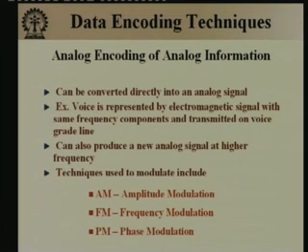Sometimes that is not very practical. So, we usually convert this to an analog signal, maybe at a higher frequency, and the most common example of this is the radio. For example, say radio is carrying voice or maybe some sound. Now, the voice, as you know, is only 4 kilohertz.